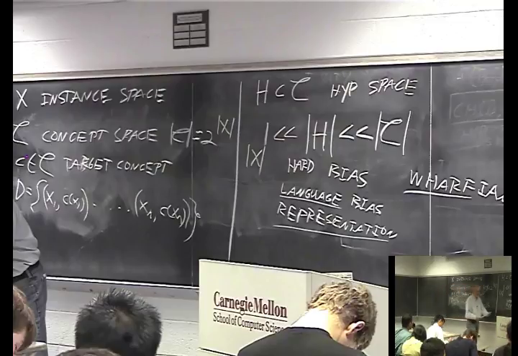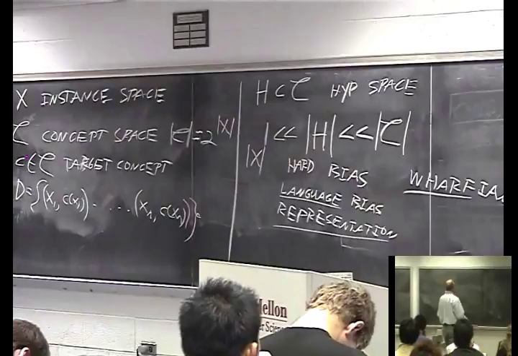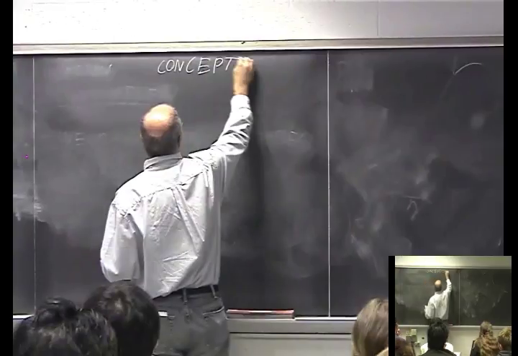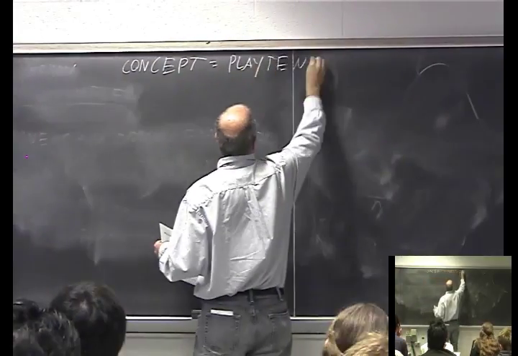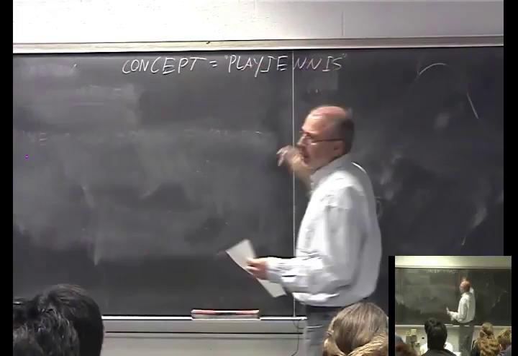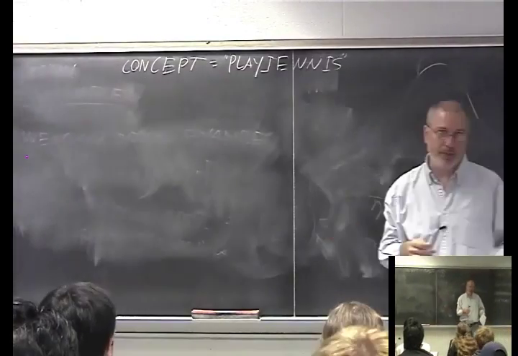So I'll give you an example, and you can see everything you need to learn from that example. Suppose our concept is play tennis. Very similar concept to play sport. It's basically under what conditions do you like playing tennis.